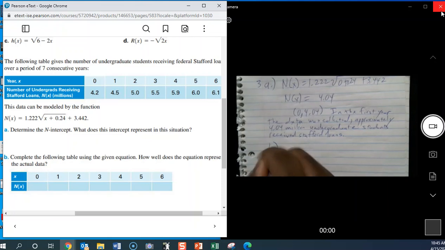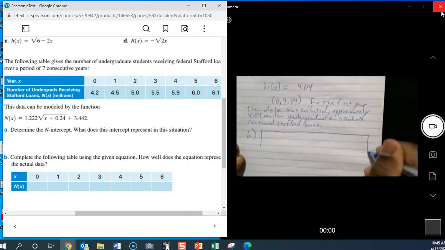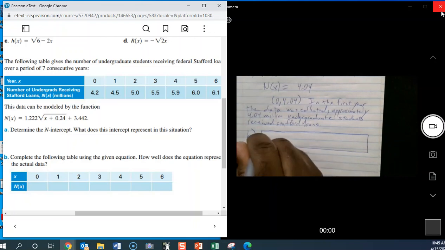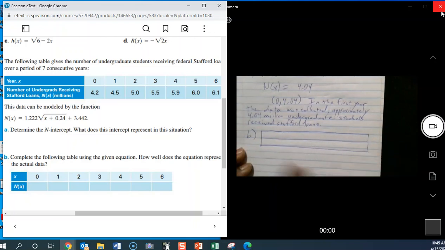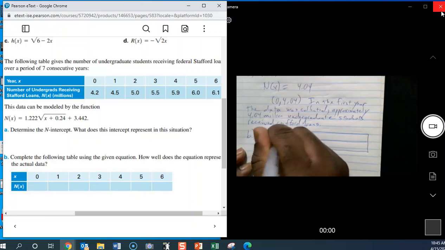Okay, now B. It says complete the following table using the given equation. How well does the equation represent the actual data? Okay. So they want us to take our equation and then compare it to the actual data. So this would be x and then n of x.